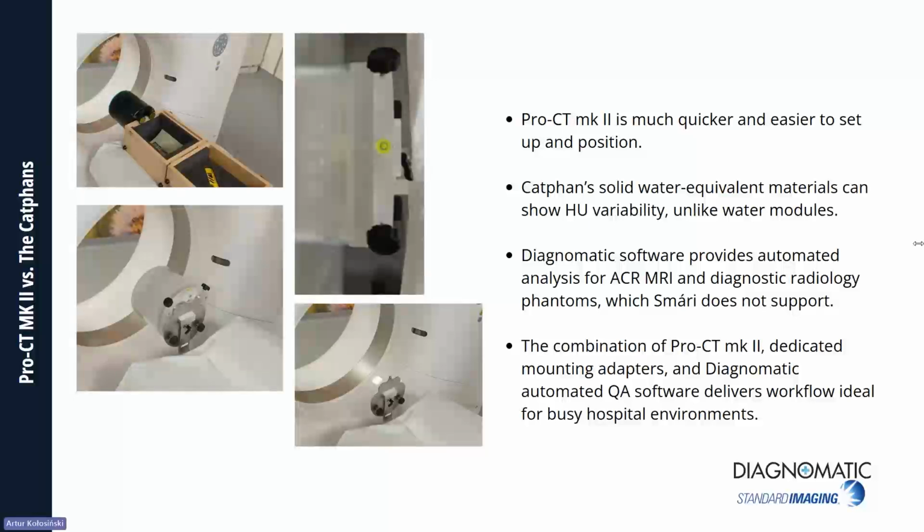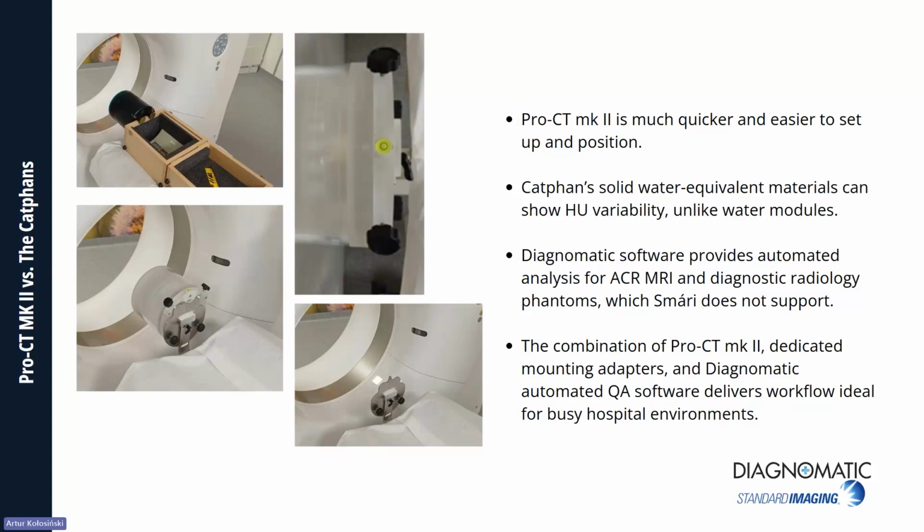And when we compare Pro CT MK2 versus the flat phantoms, the advantage of our phantom is that Pro CT MK2 is much quicker and easier to set up and position.